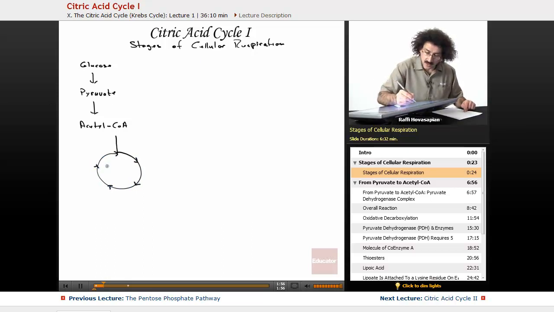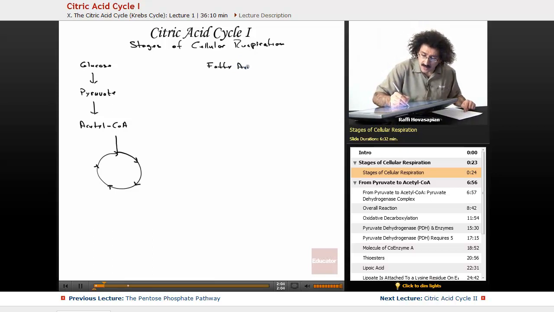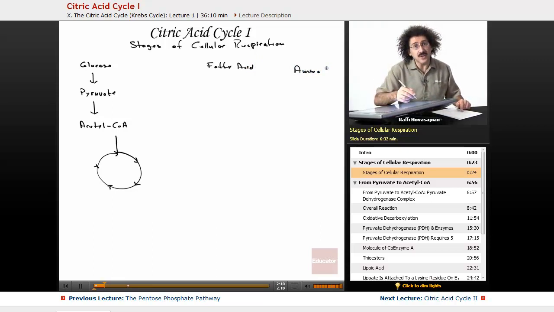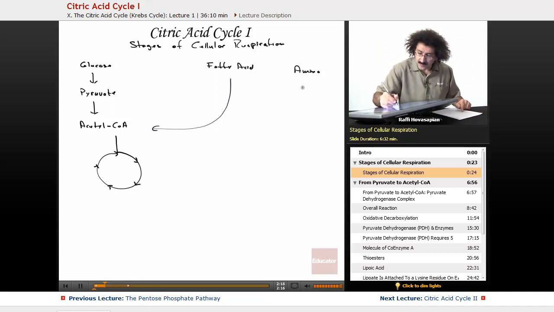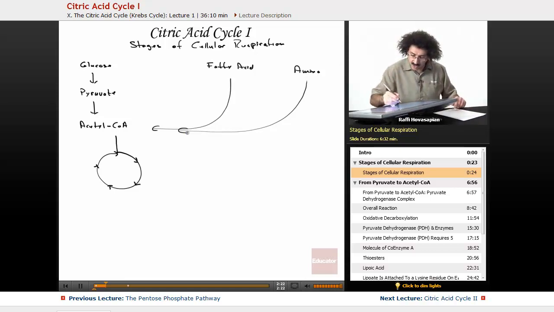Later on, when we discuss fatty acid catabolism and amino acid catabolism, the breakdown of those things, they also end up funneling into acetyl-CoA and entering the citric acid cycle. So I'll go ahead and draw that this way.